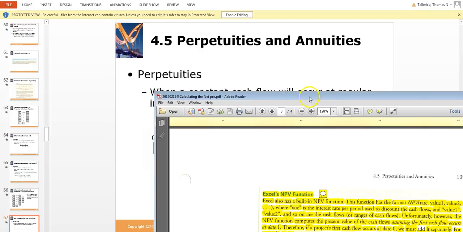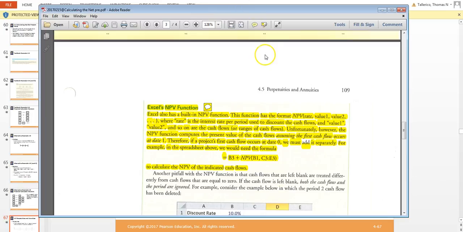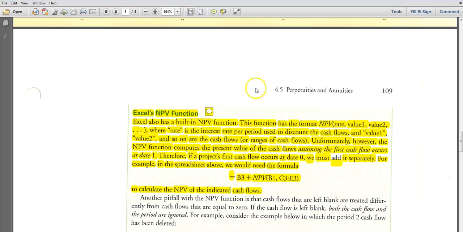In your book, I believe there's a section where they talk about Excel's net present value function. Microsoft Excel has decided to do NPV a little differently than the textbooks. They do not include the initial investment. If you read through here, they've made a minor change to how they look at NPV.